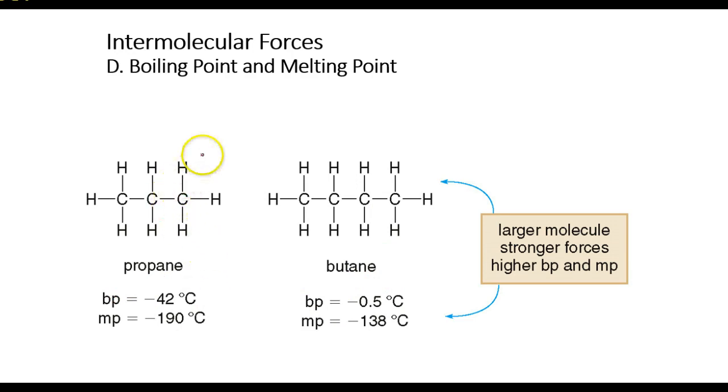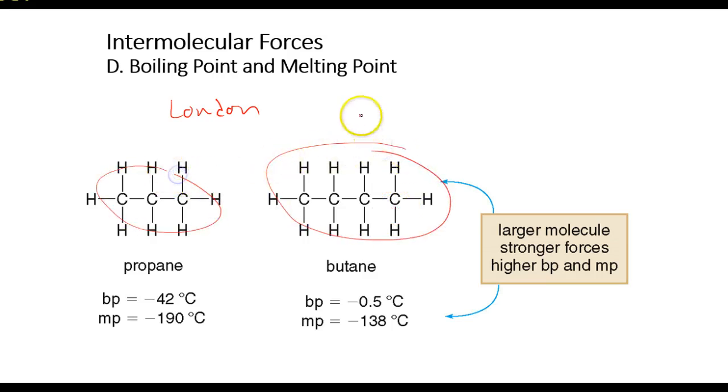All right. Here are two nonpolar molecules. They both have London dispersion forces. Okay. This has an extra carbon, so it weighs more, right? Well, it's not just based on the weight. It's based on the surface area. All right. This has 4 carbons. This only has 3. This has a larger surface area.